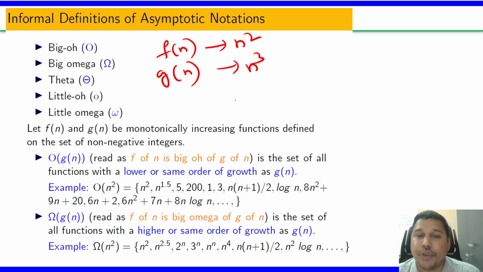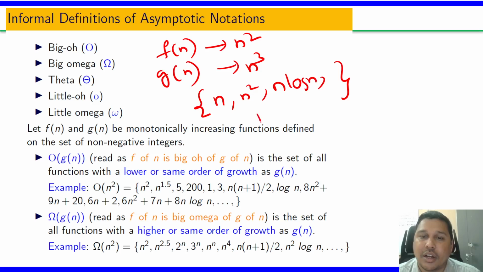So when you have a set of order of growths like n square, n log n, n square log n, and so on, there are many different functions. The order of growth of one function is n, the other is n square, the other is n log n, the other is n square log n, and so on.